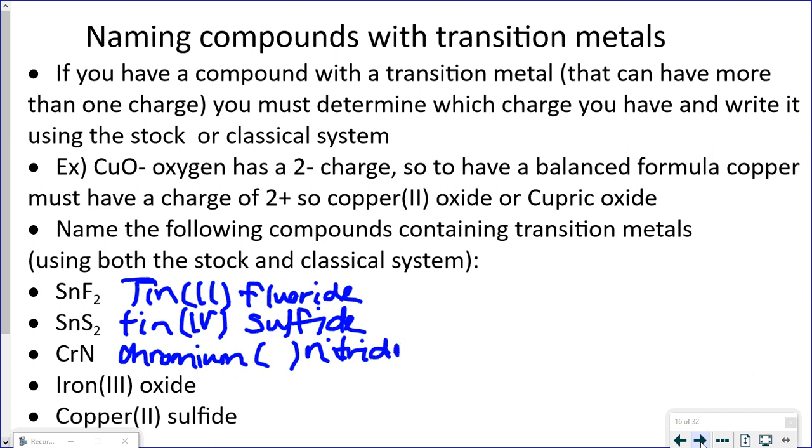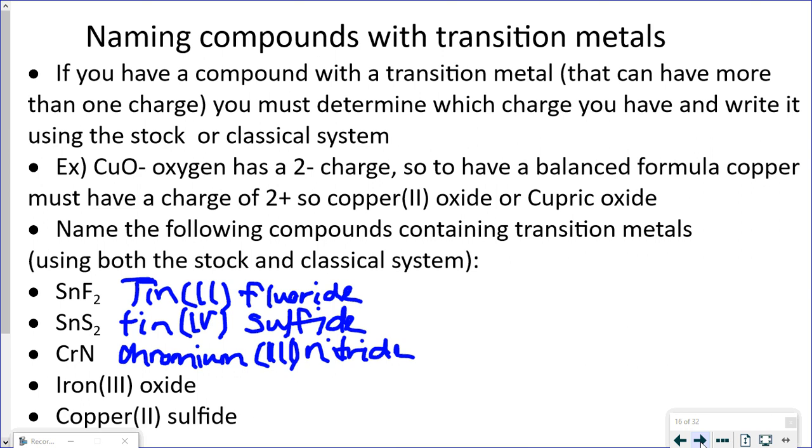Now, both of these have subscripts of 1, so their charges should be equal. The charge of nitride is -3, so the charge of chromium, for them to cancel out, has to be a +3. So this is chromium(III) nitride.